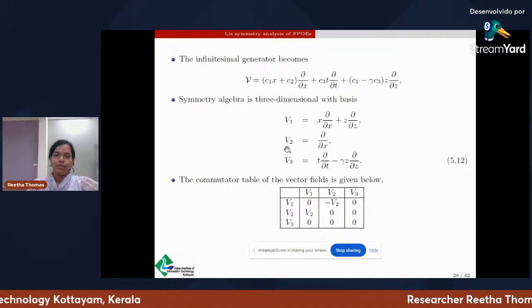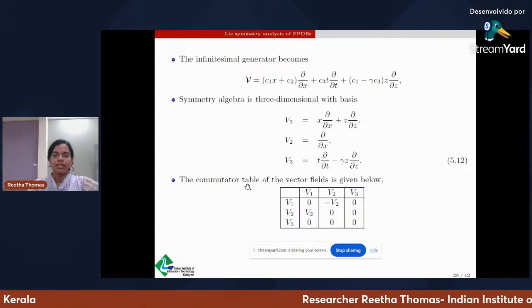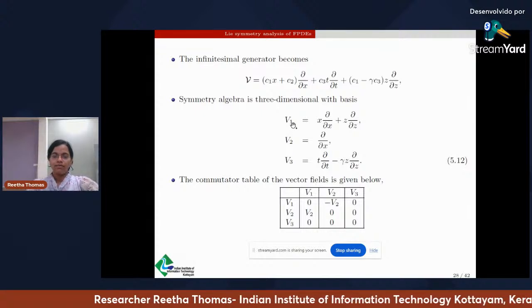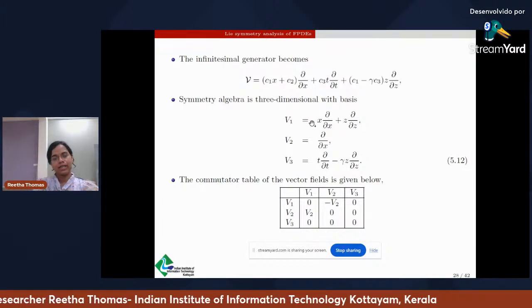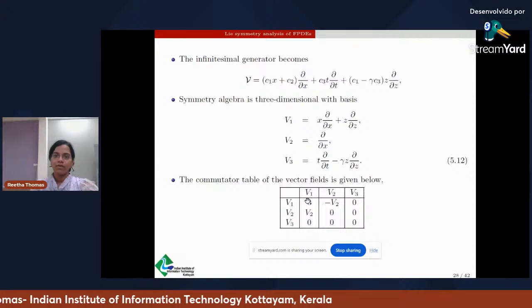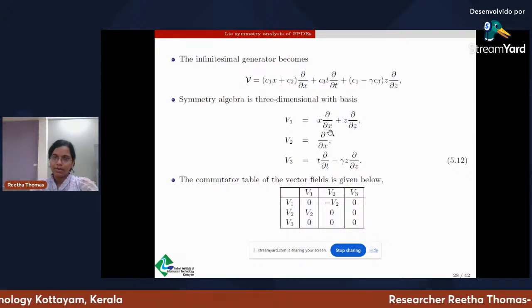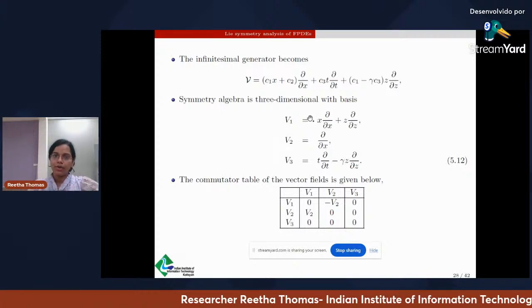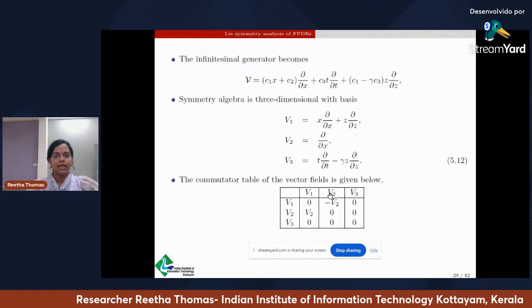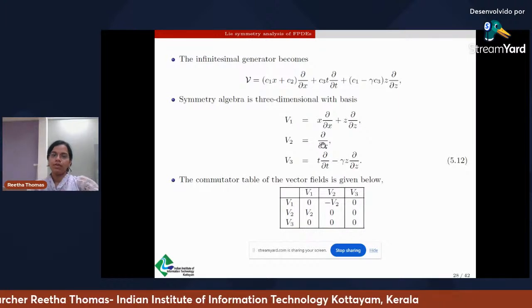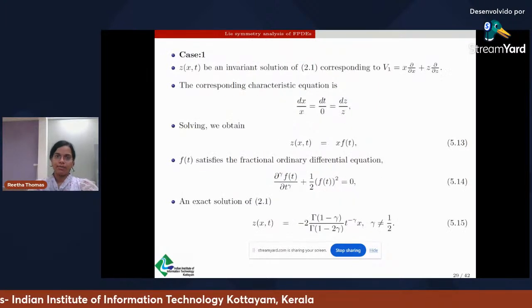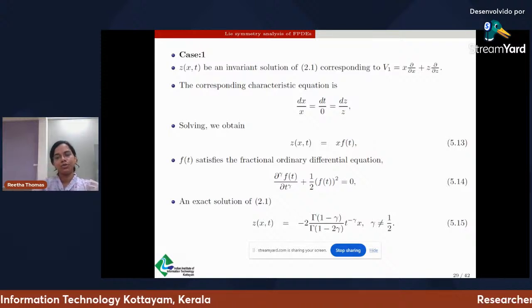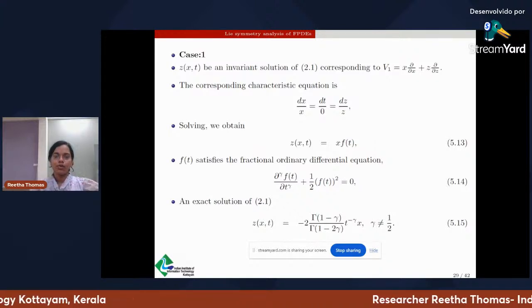These vi's form the commutator table. v1 v1, as in the commutator relation we defined earlier, is 0, and v1 v2, that is x dou by dou x plus z dou by dou z applied to dou by dou x minus dou by dou x of this one, gives minus v2.